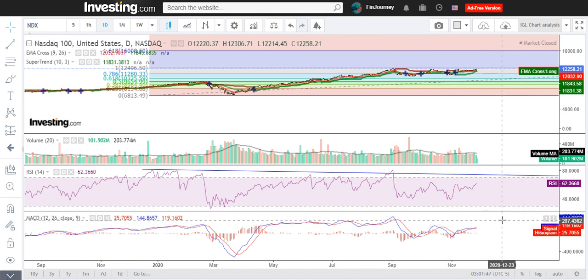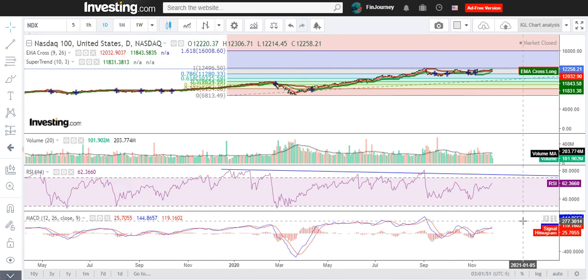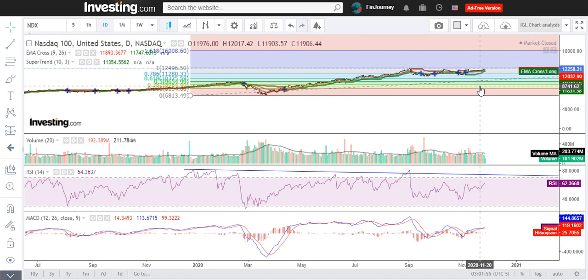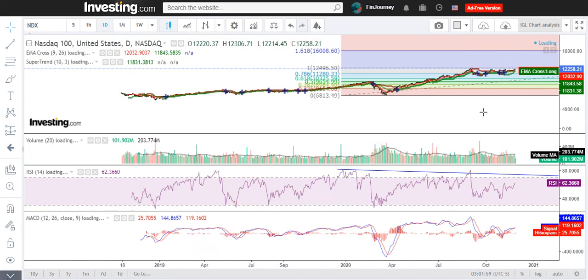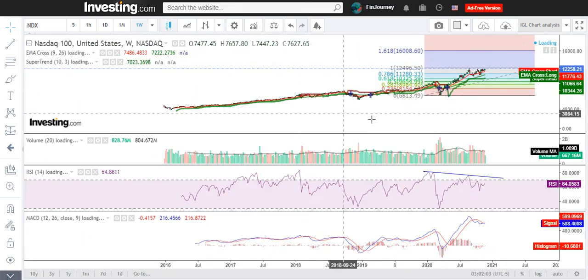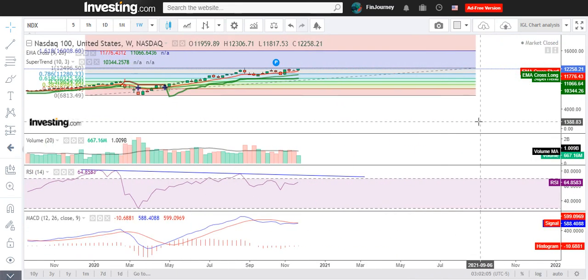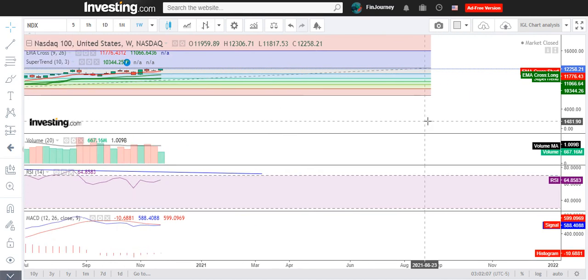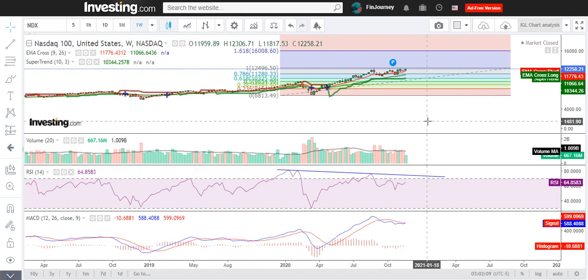If it touches the same zone, there are possibilities of movement till 14,000, and then it can move according to the current scenario of the country and everything. So we have a good option to invest in the market as long as it consolidates below certain limits of points.